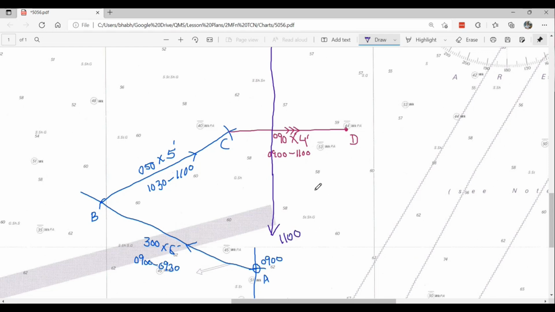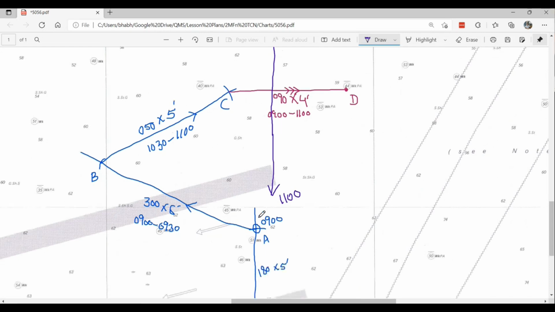So now, beta, look carefully. From our starting position A, we have plotted the 9 to 9:30 course steered. The current for 9 to 9:30 is also accounted for here. The CTS for 10:30 to 1100 is also plotted, and the current for 10:30 to 1100 is also accounted for. Now we have accounted for the current for the full duration.